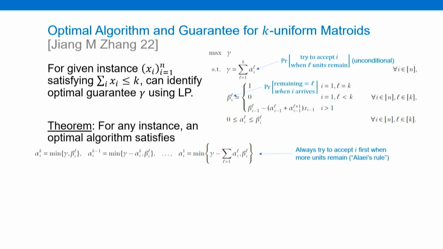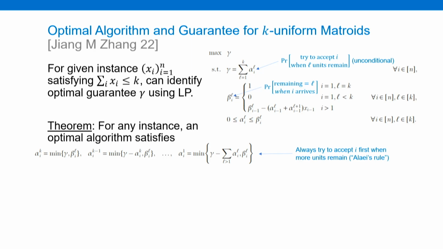So this is just a formal way to prove this. And this is just saying when you're trying to satisfy this constraint to serve agent I with the right probability, you should always start with k units remaining, and then k minus 1 units remaining, k minus 2 units remaining, et cetera.